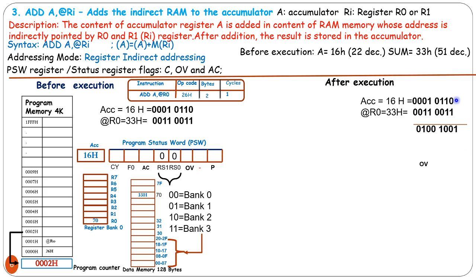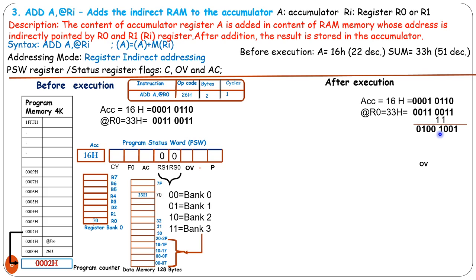So here 0 plus 1, sum is 1, carry is 0. 1 plus 1, sum is 0, carry is 1 here. So try to get this point clear. Carry is 1. Now this 1 plus 1, sum is 0, carry will be 1. Now see here, carry is 1. 0 plus 0, 0 plus 1 will be 1.